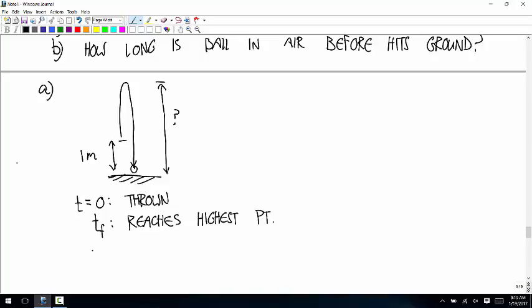Our position equals 0. There are a couple of reasonable choices here. But let's choose position equals 0 to be on the ground. And then for free fall problems, we'll always choose our positive direction to be up.